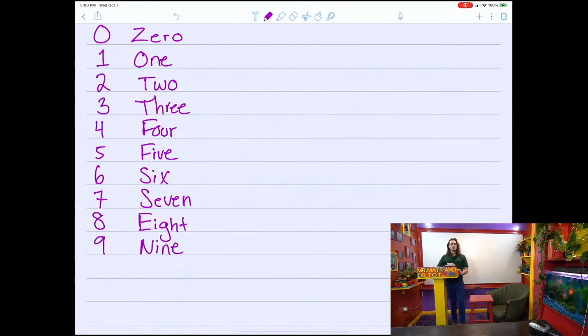After 9, we regroup over into the first tens unit. So that's going to be the first multiple of 10, which is 10.